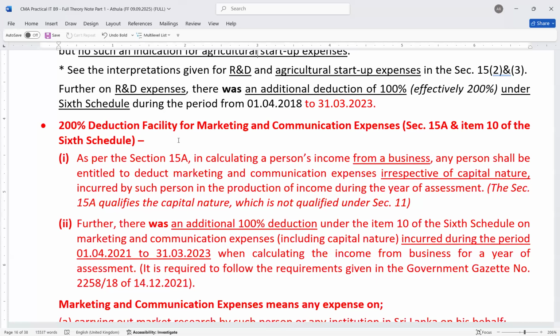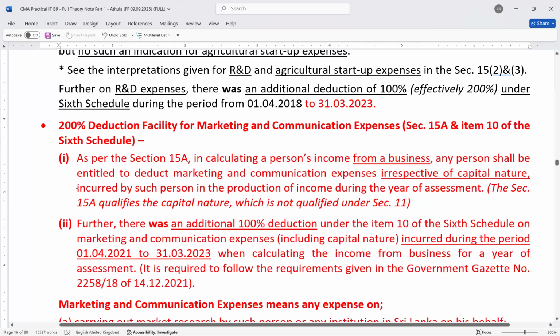1. As per section 15A, in calculating a person's income from business, any person shall be entitled to deduct marketing and communication expenses irrespective of capital nature. Whether that is capital or revenue nature, you can deduct marketing and communication expenses incurred by such person in the production of income.